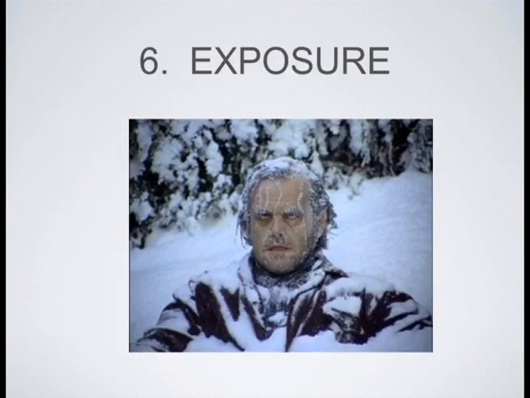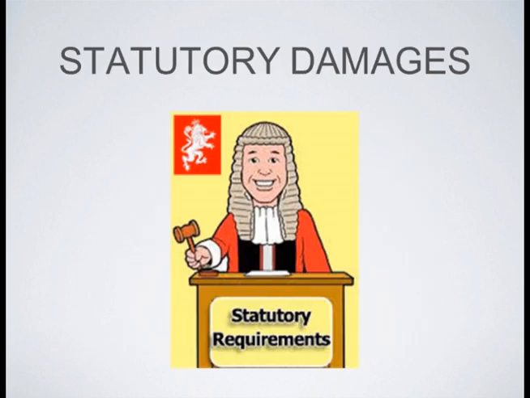So what kind of exposure do I have if I've got a data breach, right? Well, what's the story here? What's my exposure? Well, the first exposure you have is in respect of statutory damages, which is to say fines that are going to be implemented against you by a governmental agency, by the state of California, by the Commonwealth of Pennsylvania, by the Federal Trade Commission.